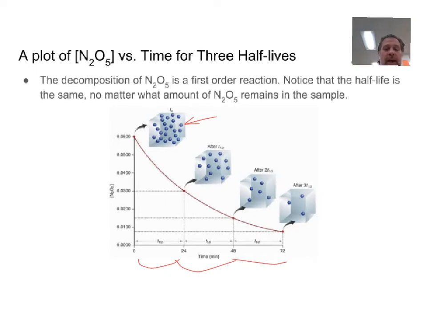And that's all this is trying to show you. So if we start at a concentration of 0.6, when we get to the concentration of 0.3, we'll get to a concentration of 0.015, and we'll get to a concentration of 7.5 or whatever that is here. So after each half-life, the concentration of the spheres is what we're looking at.